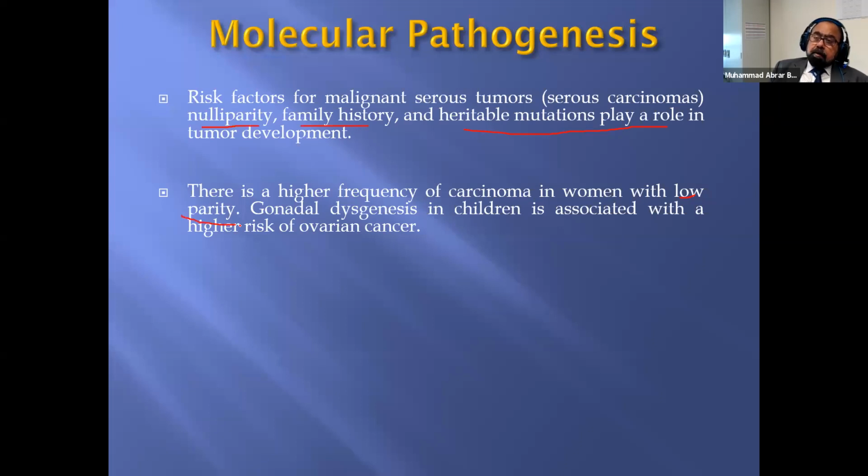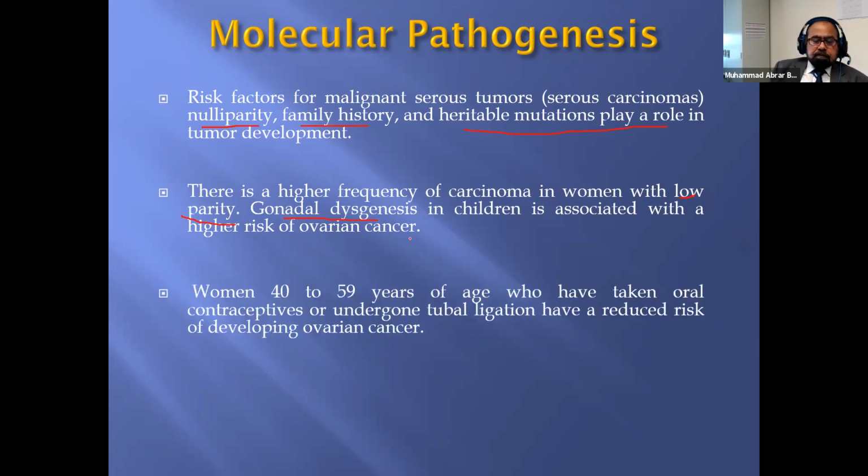And even if she is unmarried, because she has no children, she has a higher frequency of developing serous tumor. Gonadal dysgenesis in children is another one associated with high risk of ovarian tumor. So in children, if they have some problem in the gonads, they may develop these serous tumors.